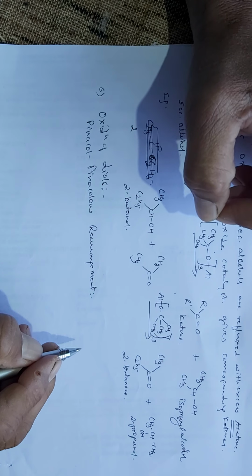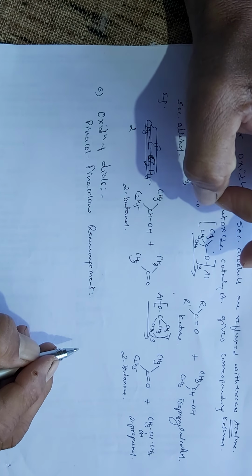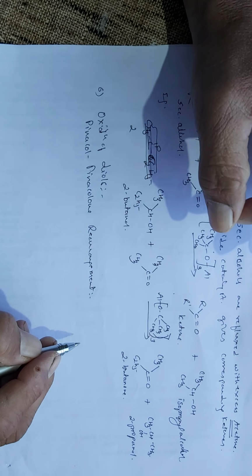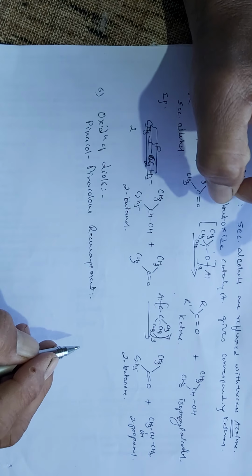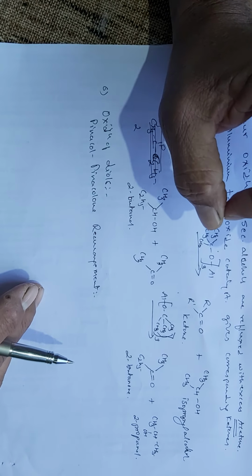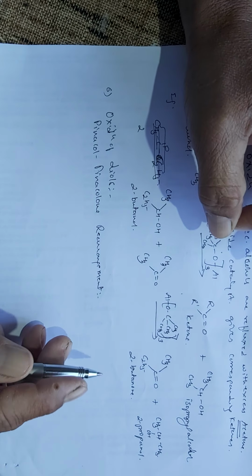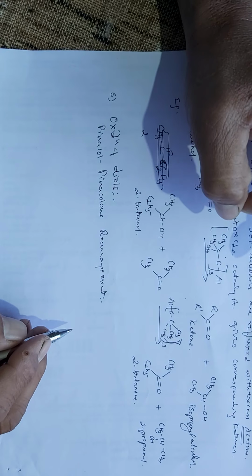The migrating group may be an anion, a cation or a free radical. There are different types of rearrangement reactions, but here we want to study the pinacol-pinacolone rearrangement, in which the migration of the methyl group takes place within the same molecule.